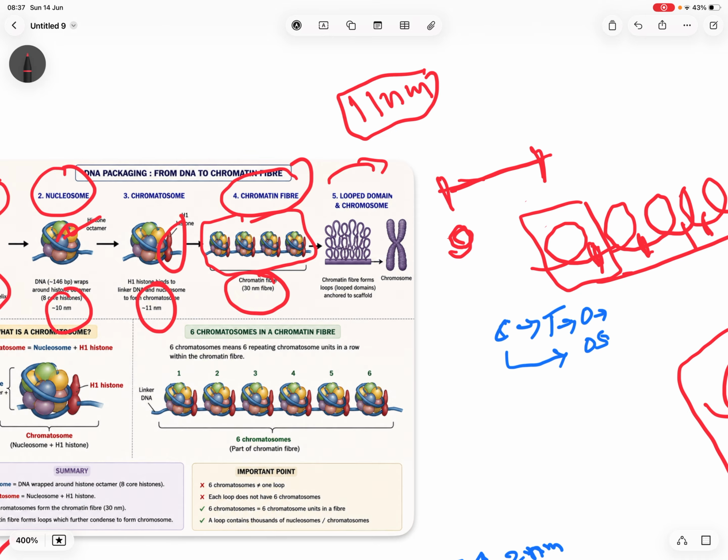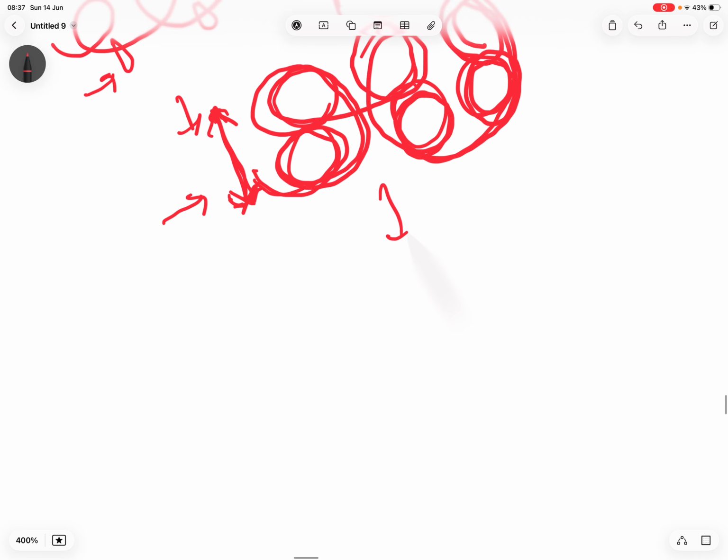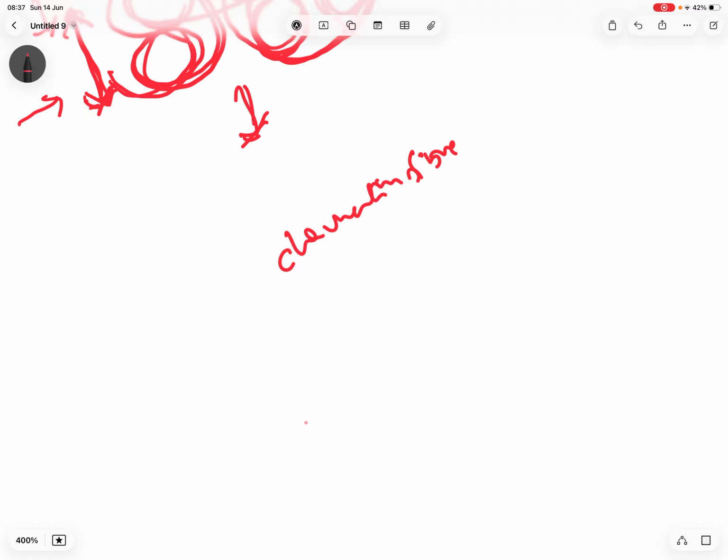So what is the next level of organization in chromosome or DNA organization? The DNA in this chromatin fiber forms loops.